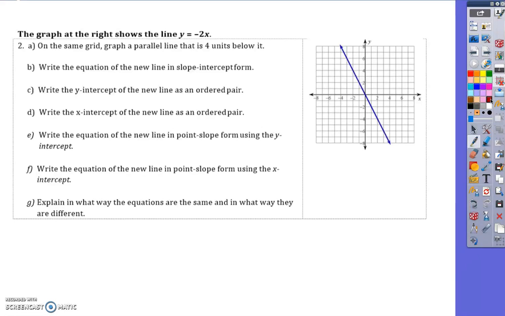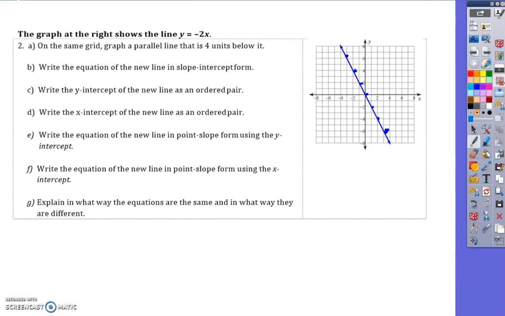On the same grid to the right, so first of all, the graph on the grid to the right shows a line y equals negative 2x. On the same grid, graph a parallel line that is 4 units below it. So what I'm going to do to start is put some dots on this line at its intersections. Okay.